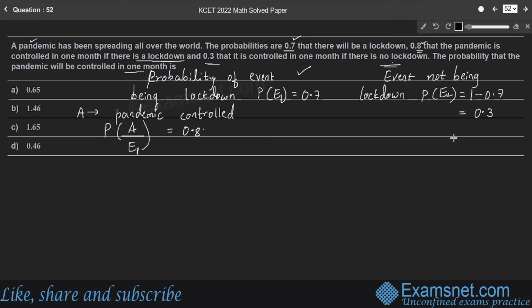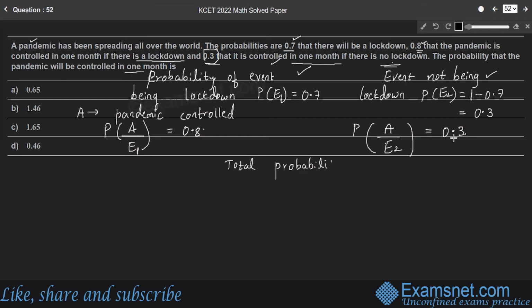And it is given that the probability is 0.3 that it is controlled in 1 month if there is no lockdown. Therefore, the probability of A over E2, or P of A by E2, is 0.3. Probability that the pandemic can be controlled is 0.3 if there is no lockdown. So here the question is the probability that the pandemic will be controlled in 1 month. So the total probability we need to find.